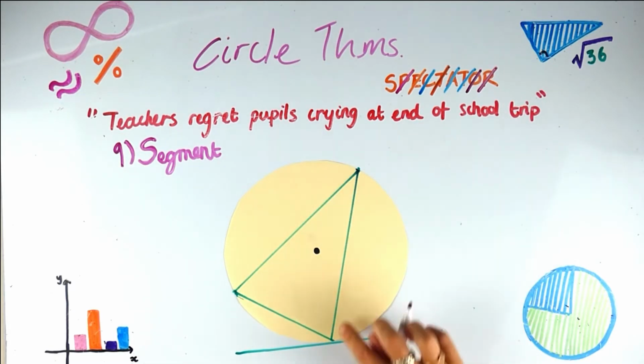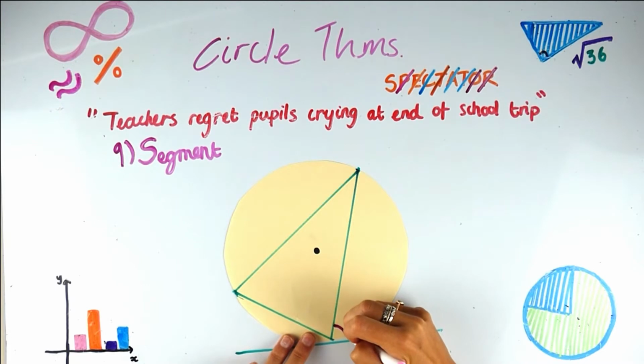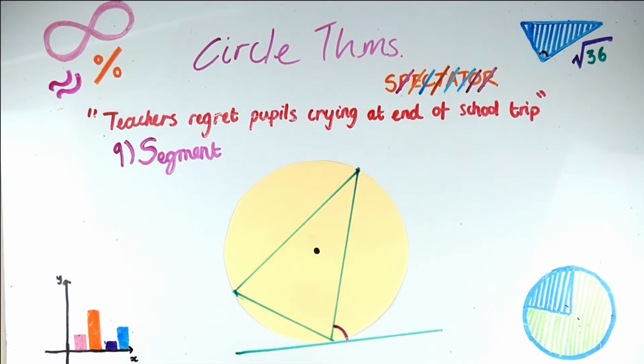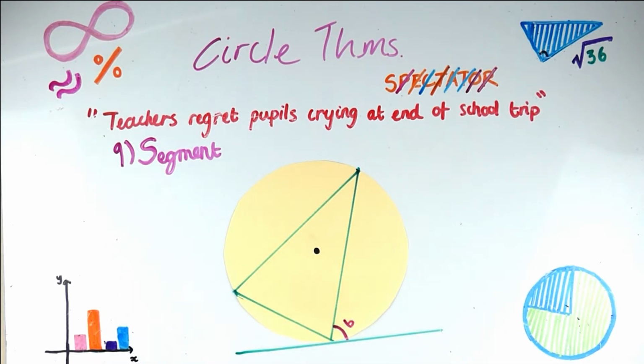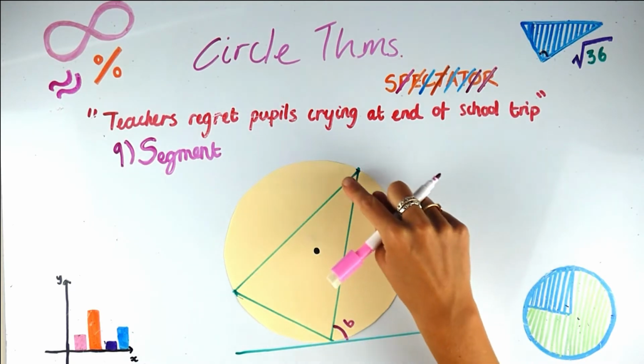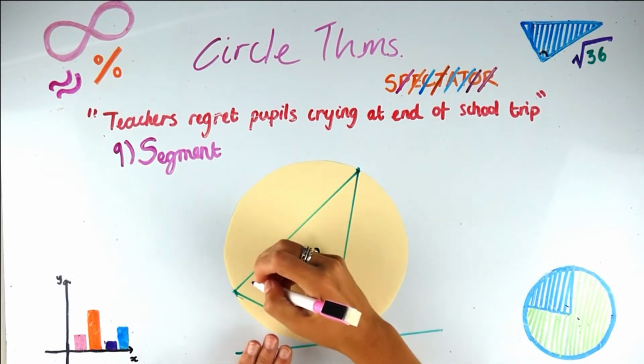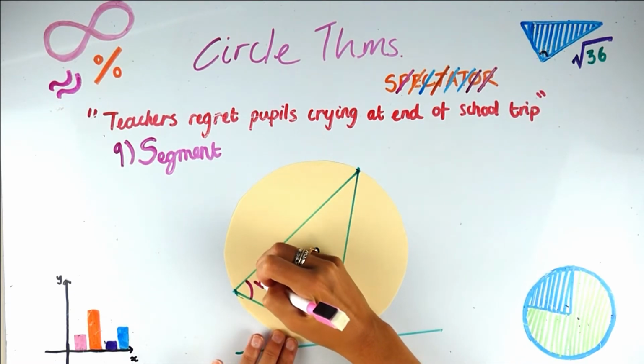So this is a chord, a line, but it doesn't go through the centre. So this angle here, which I'm going to call B, is always equal to the angle in the opposite segment. Okay, so this is a segment, and this angle here is always equal to this angle here.